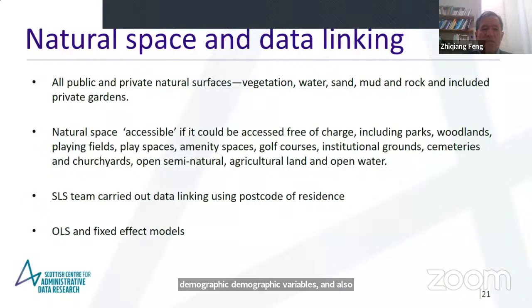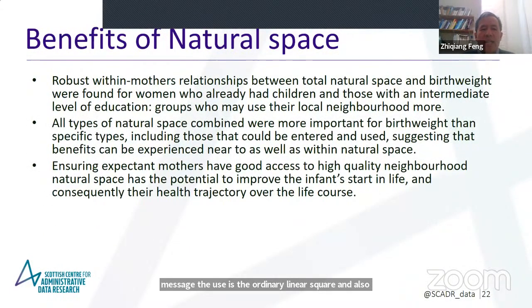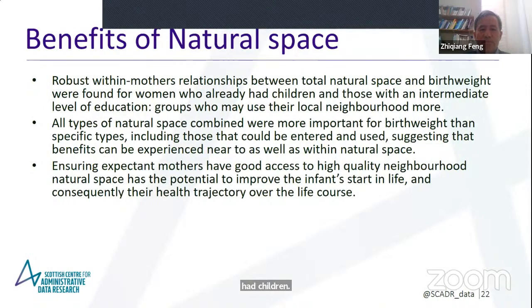And the methods they use are ordinary least squares and also fixed effect models. So their research basically finds there is a robust within-mothers relationship between total natural space and birth weight, particularly for women who already had children, and also mothers who have an intermediate level of education.